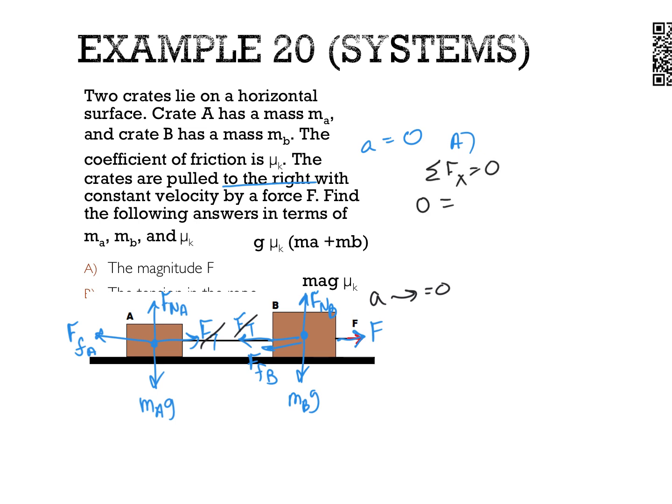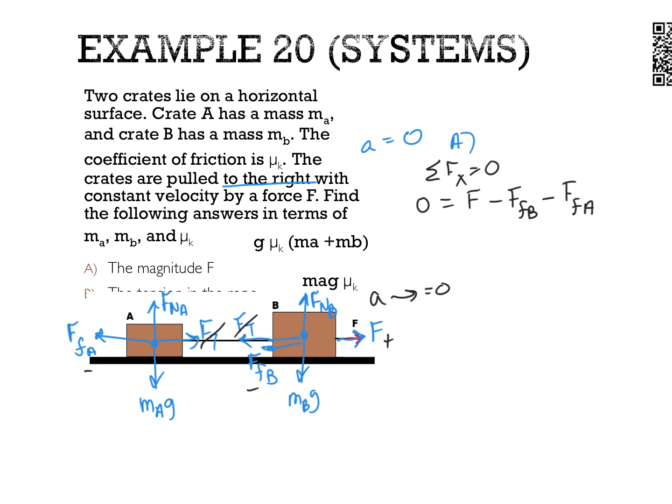That 0 is equal to big F minus the force of friction on B minus the force of friction on A. Okay? I just didn't even include tension because they're equal and opposite in this particular case. I know that this is a positive force, this is a negative force, and this is also a negative force.